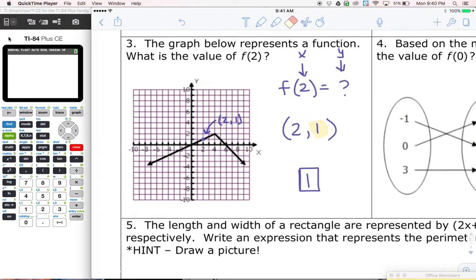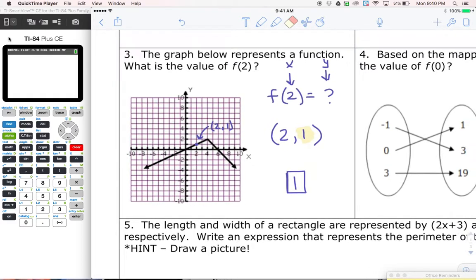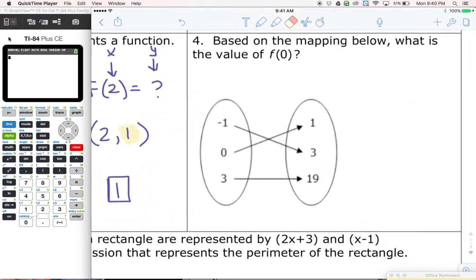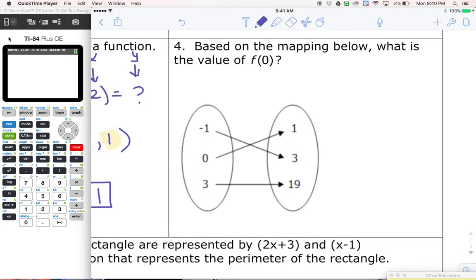All right, problem number 4. It's actually pretty similar. They gave you f of 0 this time. They want to know what is f of 0. Again, the number in the parentheses is an x, so you're looking for a y. Well, in a mapping, left column is x, right column is y.